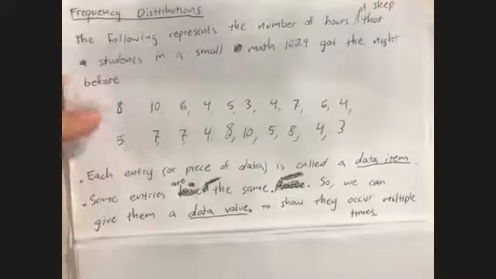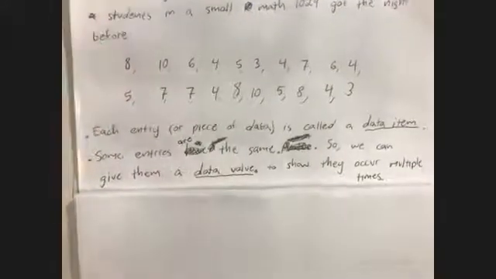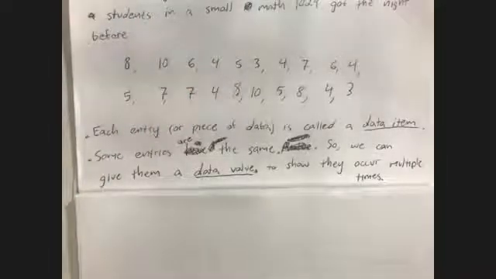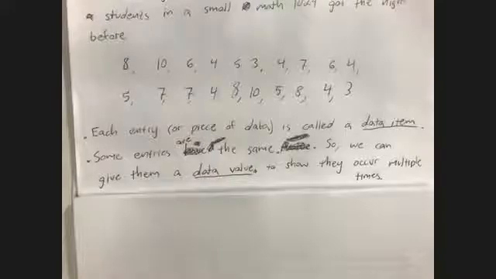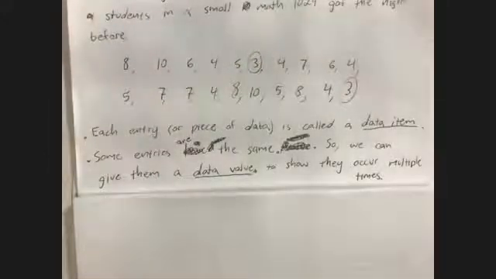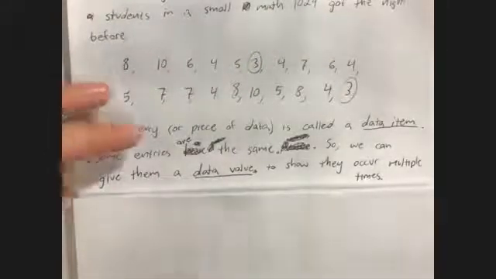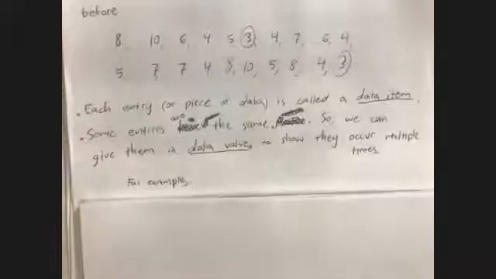So each entry, which I may call an entry, the book calls it a data item. So piece of data, data entry, data item, kind of all the same. And then in this case, some of those have multiple entries. So for example, 3, I'm going to circle it. 3 shows up twice. So we would call that data value.